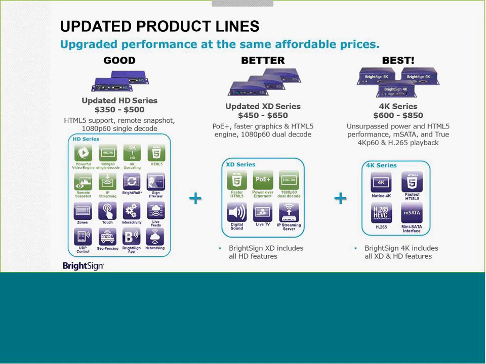And you get to our best solution, which is our new 4K players. The only 4K players in the world today that can play the H.265 compression format at 60 frames per second and 10-bit video. Very, very powerful. Sure, you're all seeing 4K TVs coming out. They're emerging very quickly.